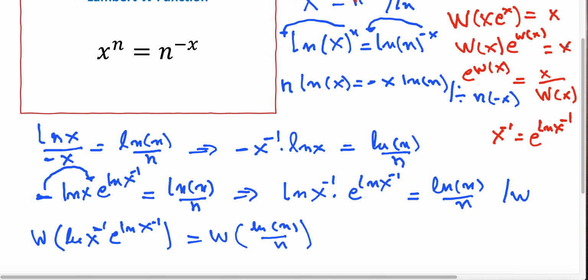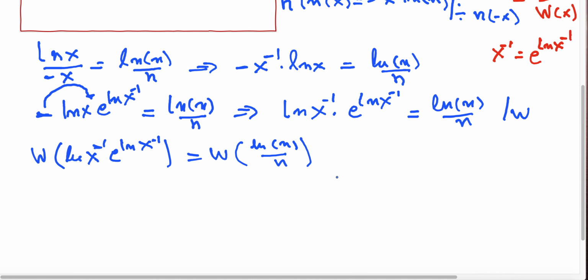So we can write it as equal to x, but instead of the x here, this can be the ln x in exponent minus 1. So ln x − 1 is equal to W of (ln n divided by n).